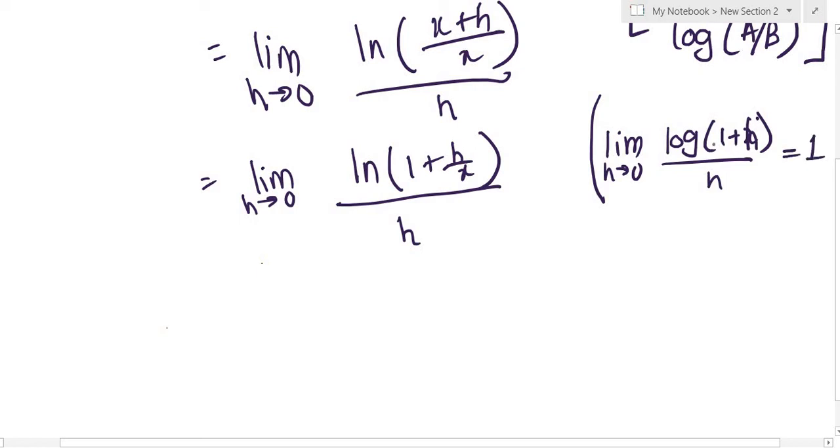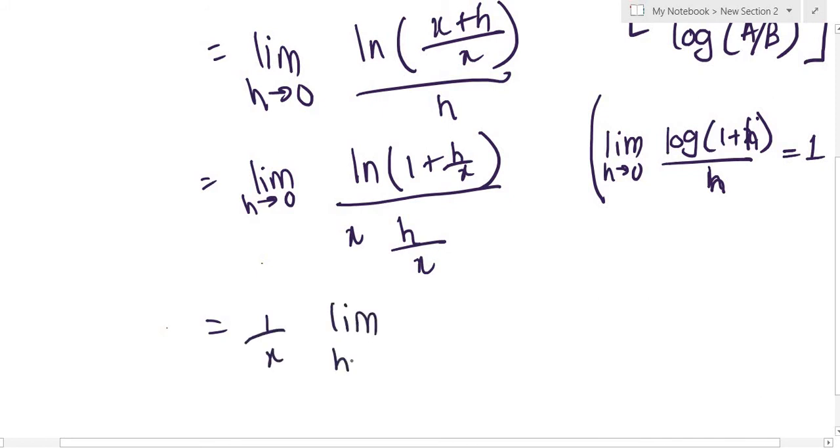So basically the quantity added to the 1 should be the same as the denominator, but the quantity here is h by x. We can introduce an x because now x is a constant because the limit is purely in h. So we can multiply and divide by an x in the denominator, and can separate things out.